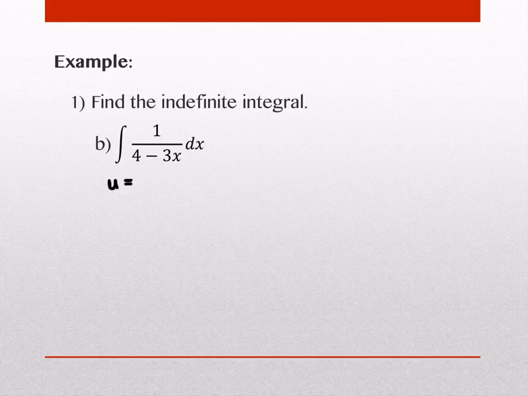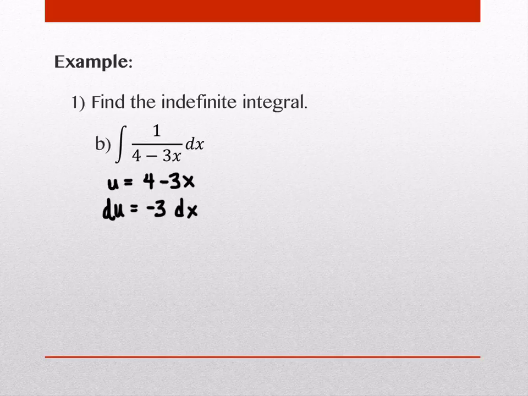And it is, in fact, everything that's on bottom that's causing, if you will, the concern. So our U is 4 minus 3x. We're going to take the derivative, and the notation that we usually jump to is to just write the du on the right, and we'll multiply the dx to the other side in a minute. What is the derivative of the 4 minus 3x? Yeah, just negative 3, and then it's dx, right?